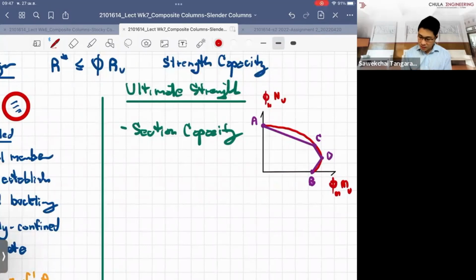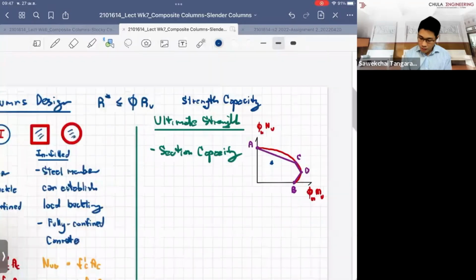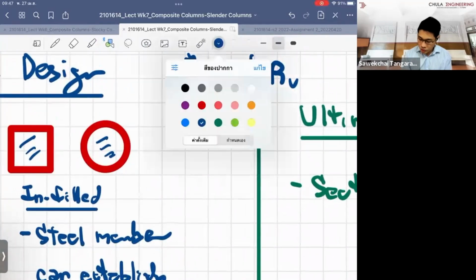When we discuss the section capacity, we assume that the member doesn't buckle, so we can take the full cross-section property. If you take these considerations into account, the column might be subject to both axial force and bending.